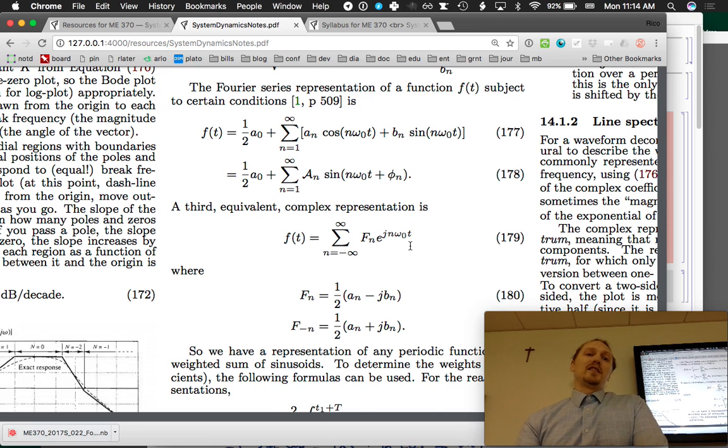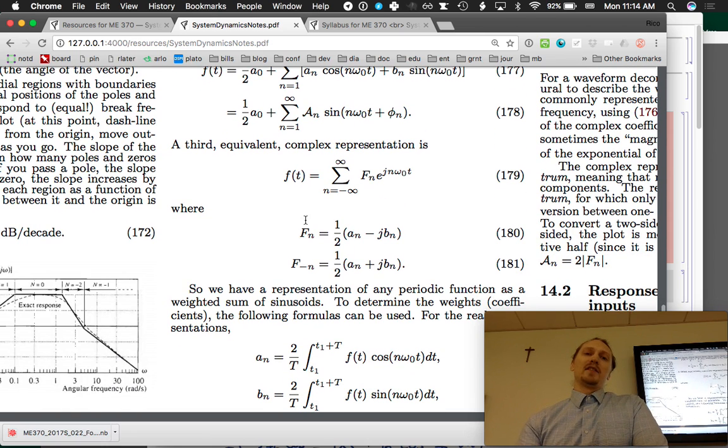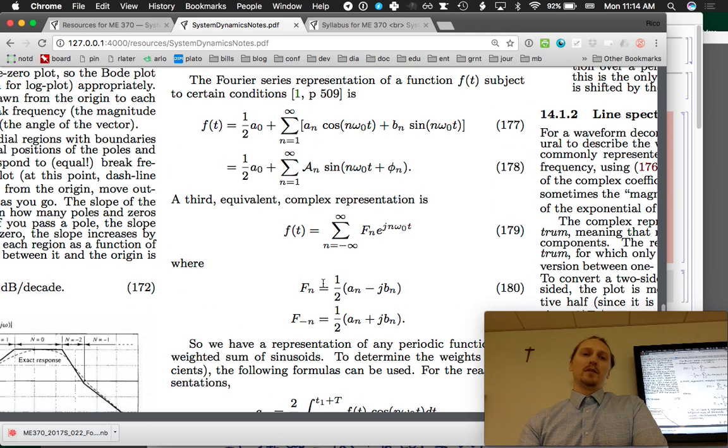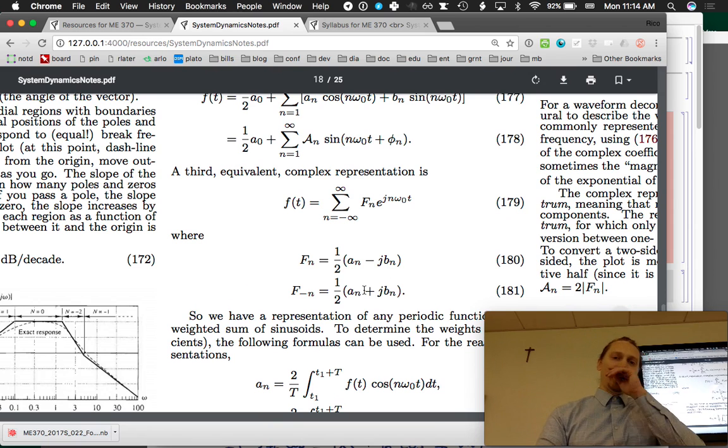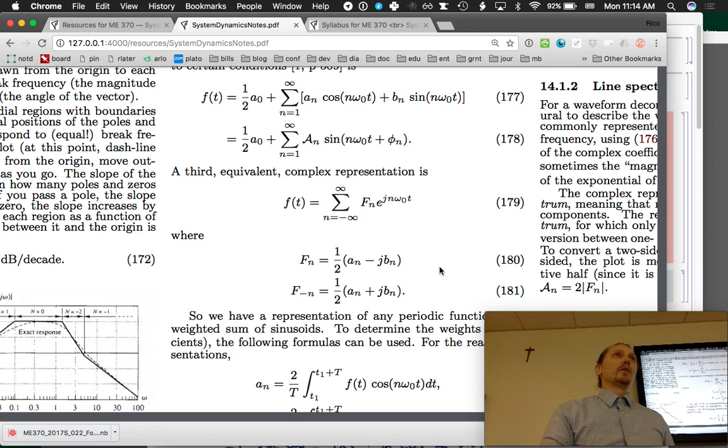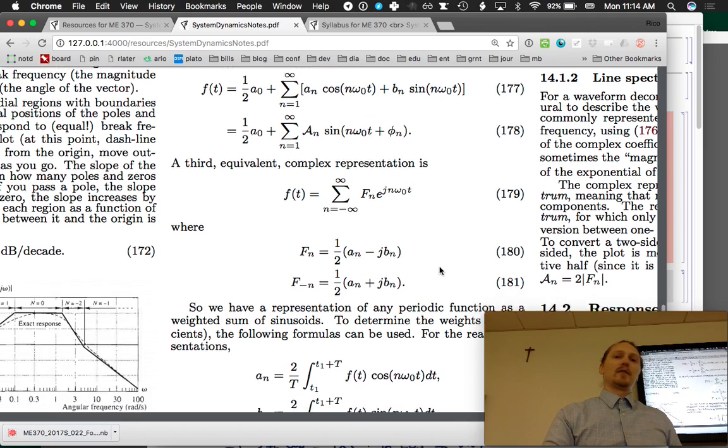And that has coefficients of its own, where fn and f minus n are related to an and bn in these ways. So an and bn are our original cosine and sine terms, right? And fn's are related to the an's and bn's through this formula, which is a result of Euler's formula, distilled down. So it allows you to convert.